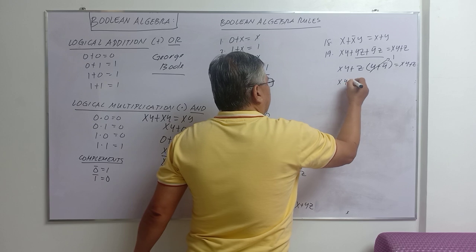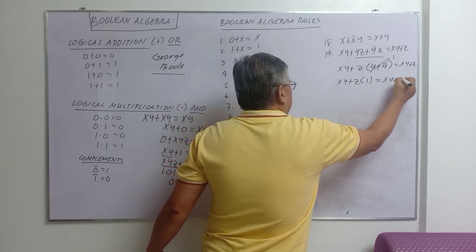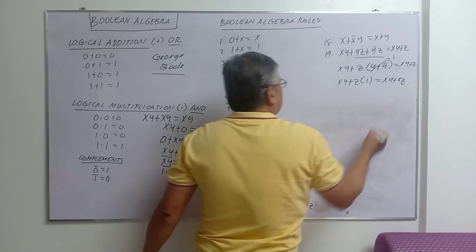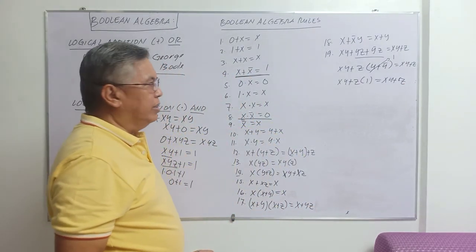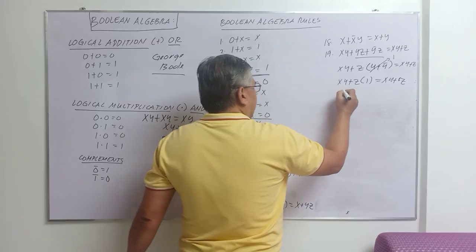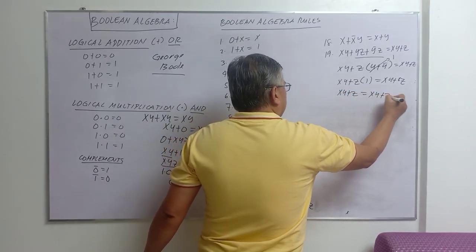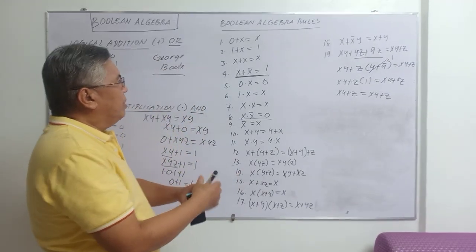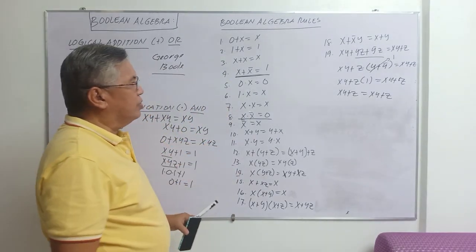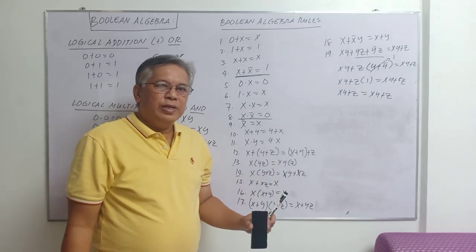So you have xy + z times 1 = xy + z. Right? Any variable or variables multiplied by 1 is equal to that variable. So you have xy + z = xy + z. So that's how we make use of our rules to simplify equations. So in the next video, you will have an example.